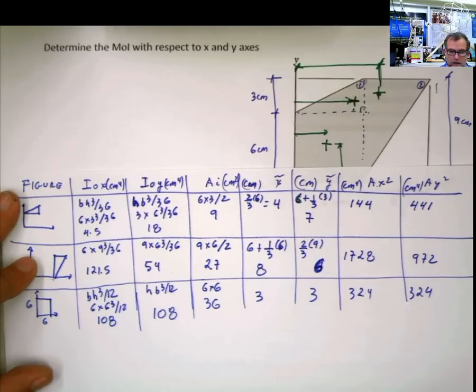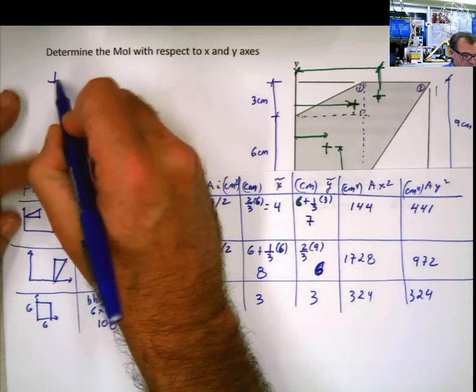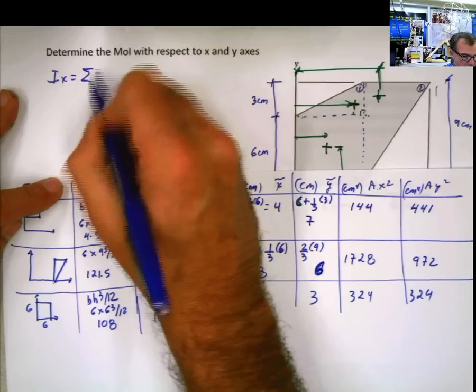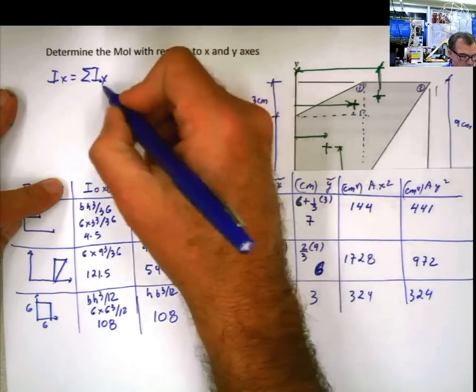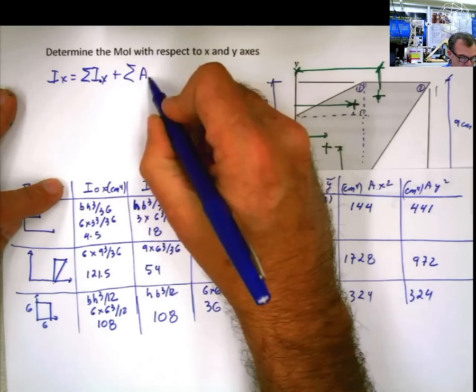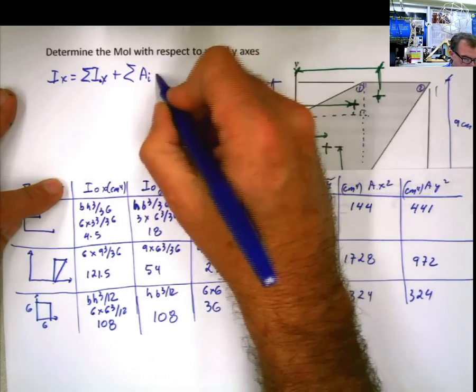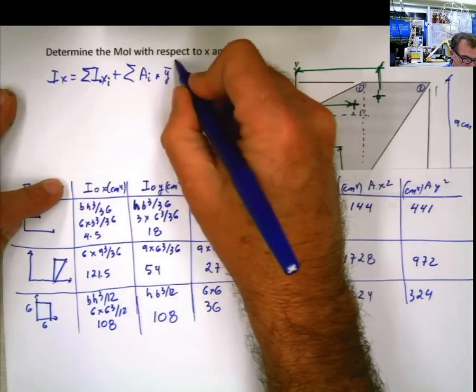Now remember the formula for Steiner theorem or parallel axis theorem. I sub x equal the summation of all the I sub 0 x, I naught x, plus the summation of all the A sub i times the distance in y squared.